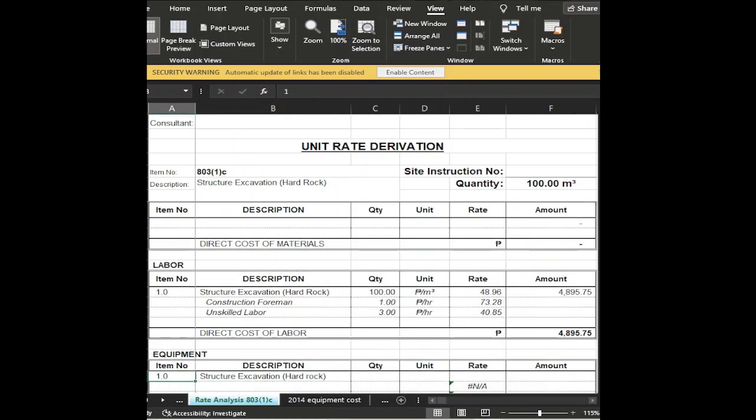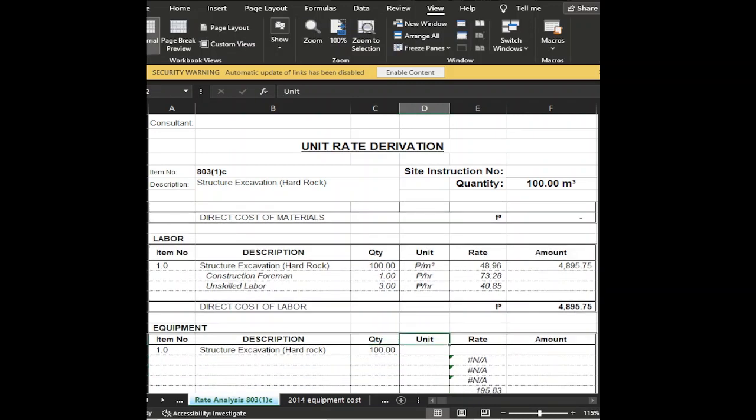For our equipment, we will link again our quantity here, and the same unit. Then we will use dump truck, backhoe, and we have breaker also, and we will use also minor tools for 10% of labor cost.